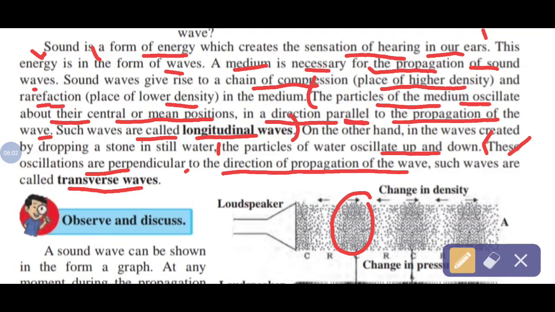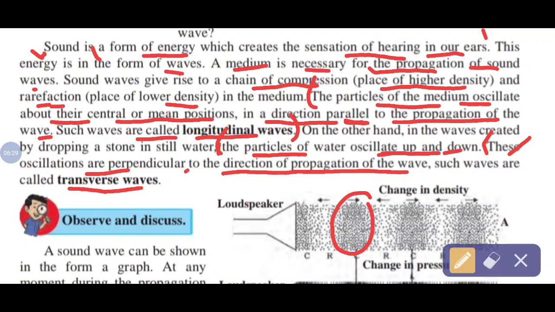We are making a little correction here. What is the previous definition? Longitudinal wave: the particles of the medium oscillate about their mean position in a direction parallel. What is given next? The particles, the same we are writing here. Instead of water, what do we write? Medium. The particles of the medium oscillate up and down.